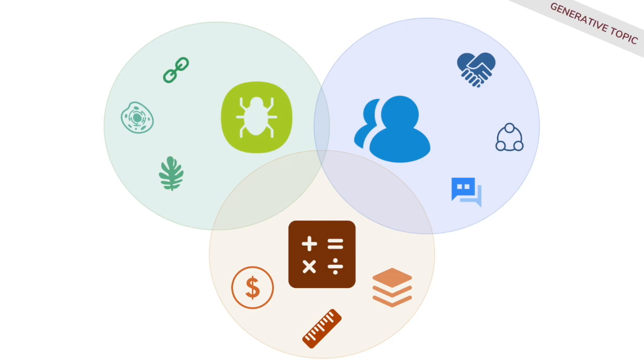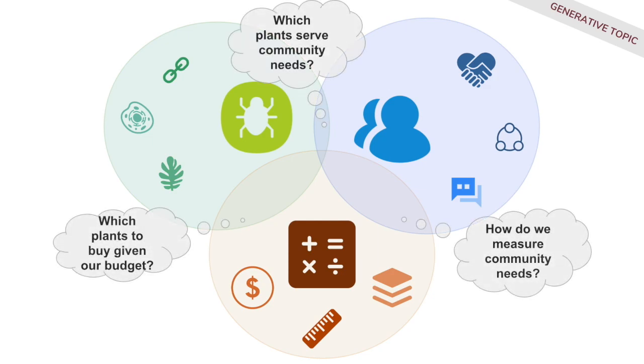Creating this balance utilizes the social sciences in researching and addressing community needs, and biology in understanding plants' biological needs and resources. Students will also apply numerical thinking by analyzing data and manipulating variables such as number and type of plants. This generative topic will inherently elicit many inquiry questions that tie the three areas of study together.